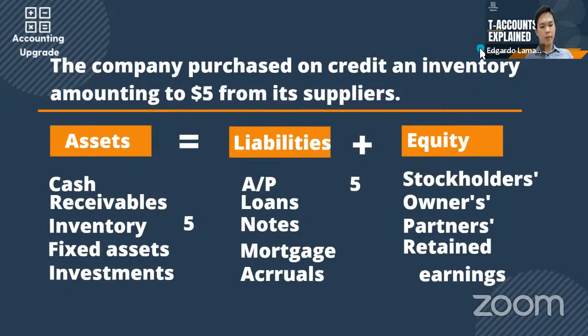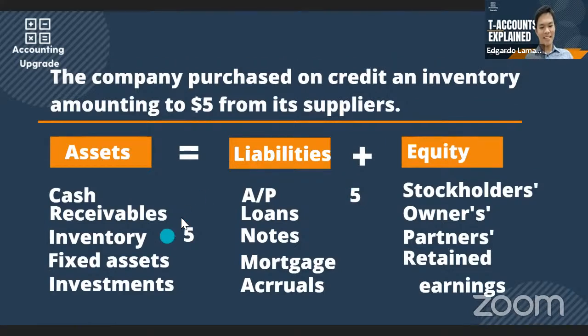The affected account is inventory, which is an asset, here $5 of asset. Since the company purchased on credit, it is a liability, which is accounts payable amounting to $5. Then the accounting equation is again balanced. Any question, guys?